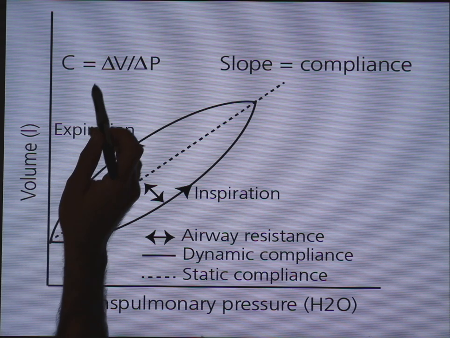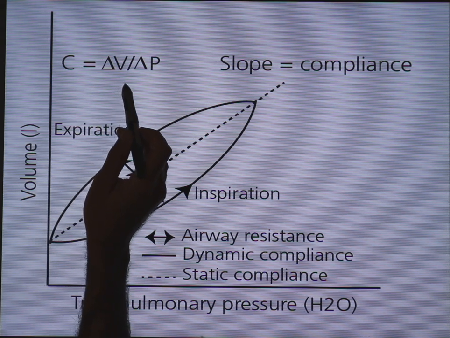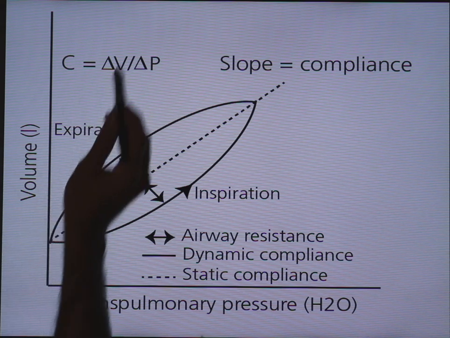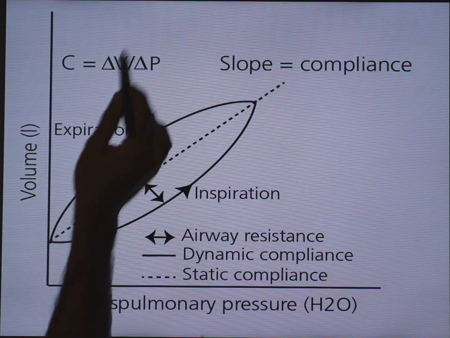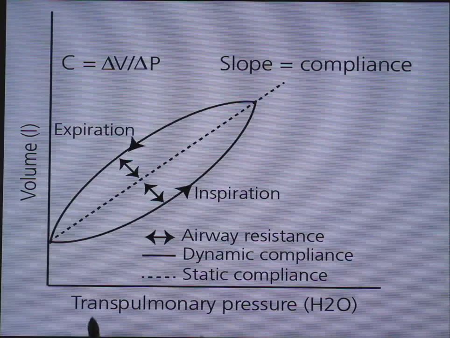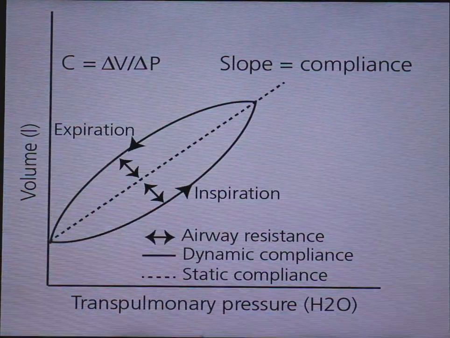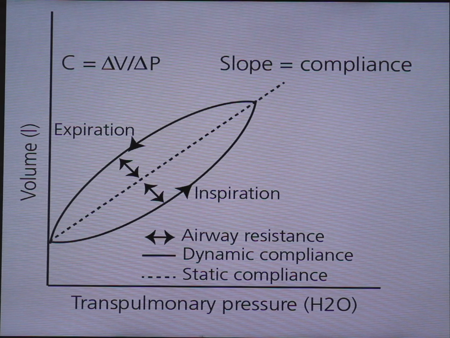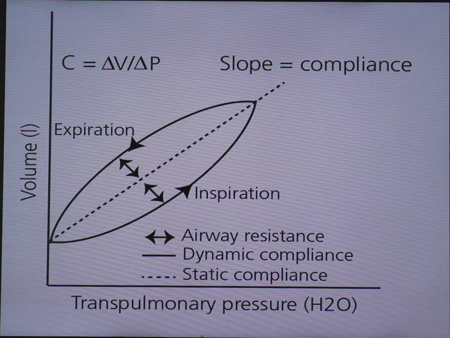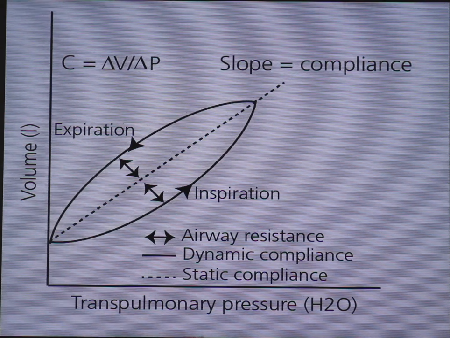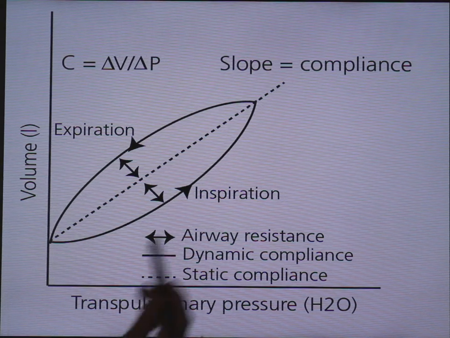So the compliance is the change in volume over the change in pressure. If the change in volume is great with a little change in pressure, then we have a very good compliance. Normally the lung compliance is 150 to 200 ml per centimeter water.